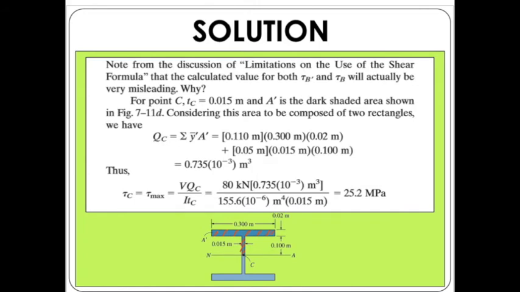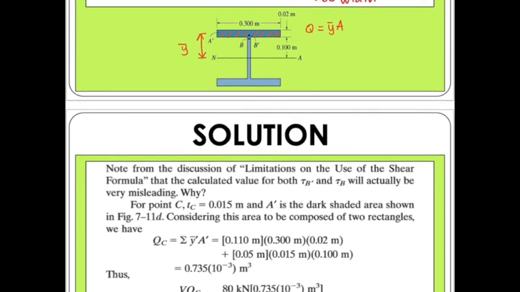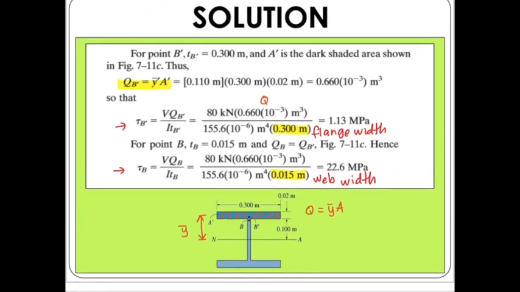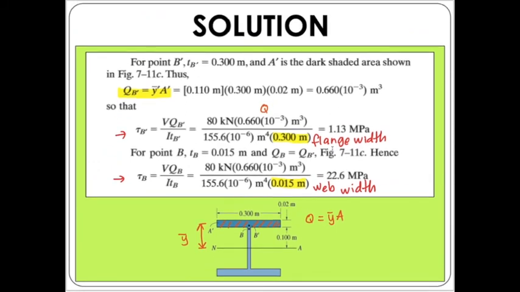But in the calculation of tau maximum, the difference that it will make here is not on the t value. However, the difference is on the Q value. In comparison to the previous calculation for tau B and B prime, the value of Q B is 0.66.